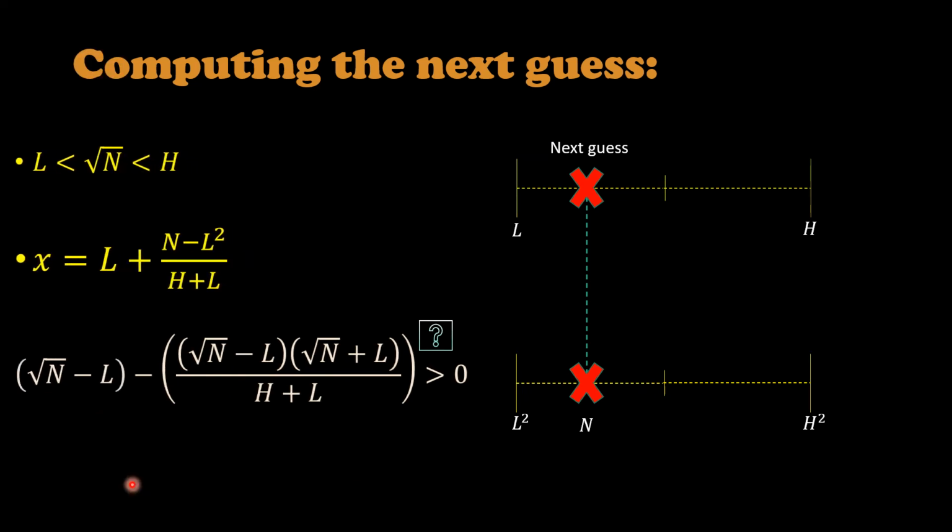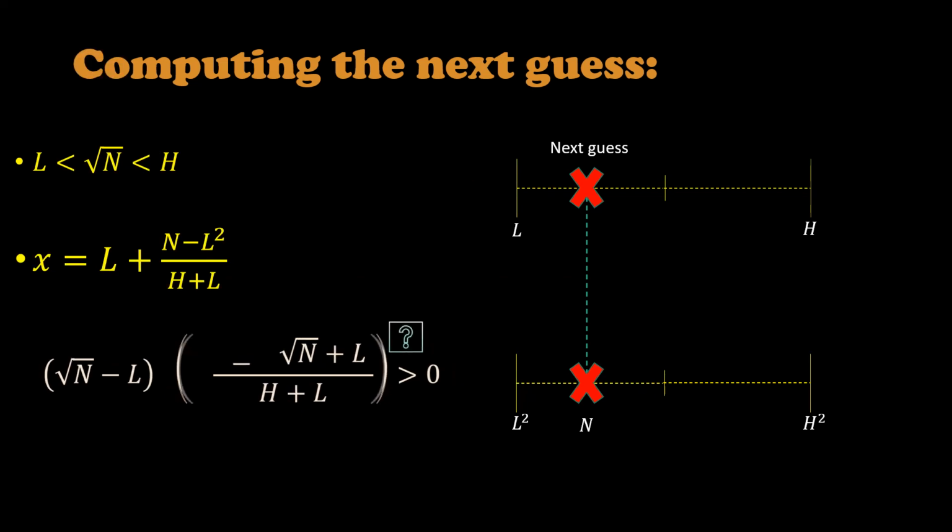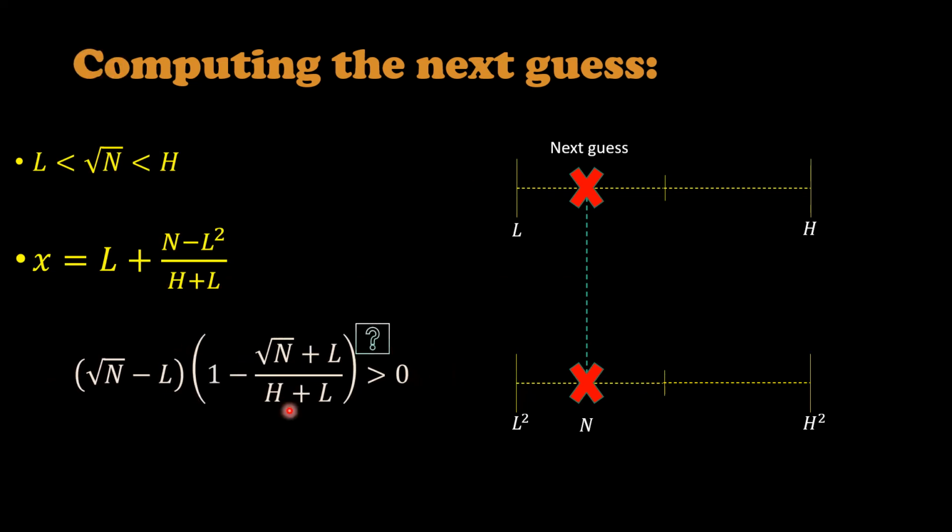So basically I put little parentheses around that first one. If we factor out the square root of n minus L, we'll get 1 minus this root n plus L over h plus L. Okay, so cool.